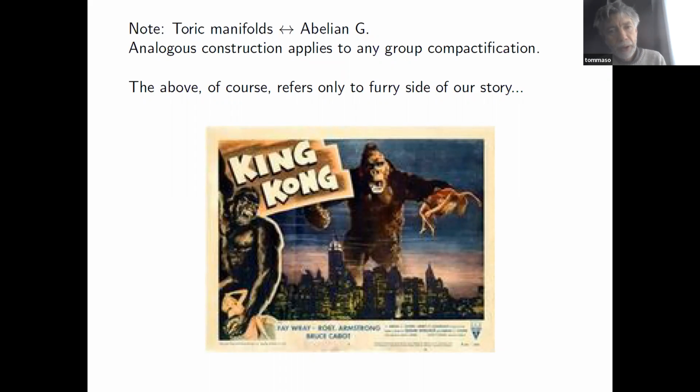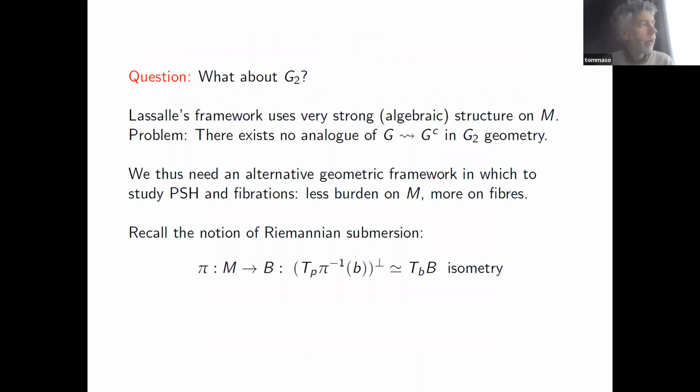So now we would like to understand better the G2 side. And we find an immediate problem, which is that Lassalle expresses his results in terms of complexifications, which make no sense in the G2 world. And so we need to find a different framework to study these relationships between function theories.